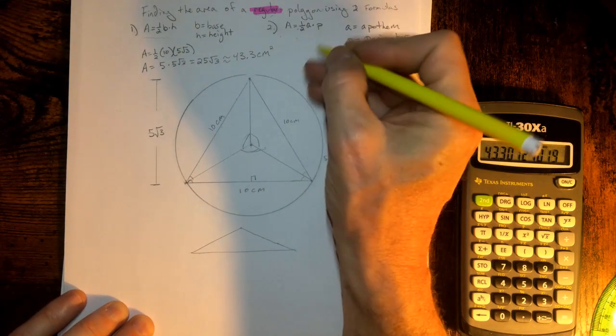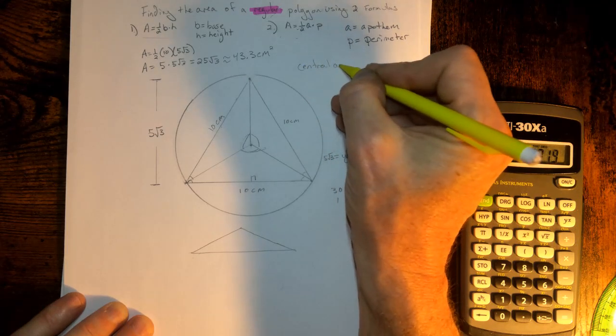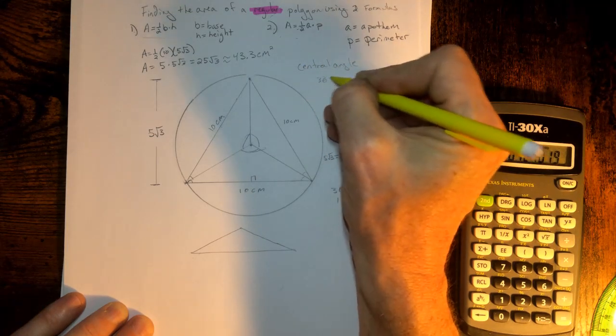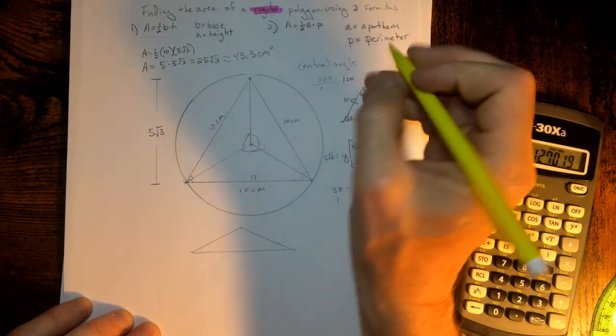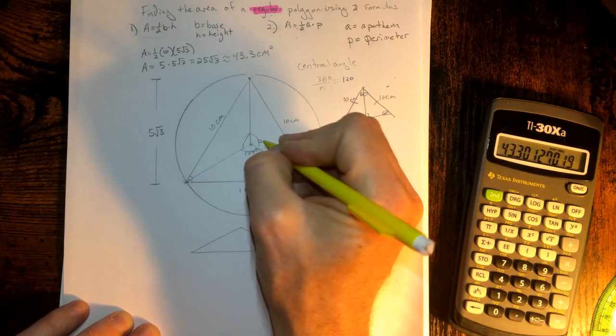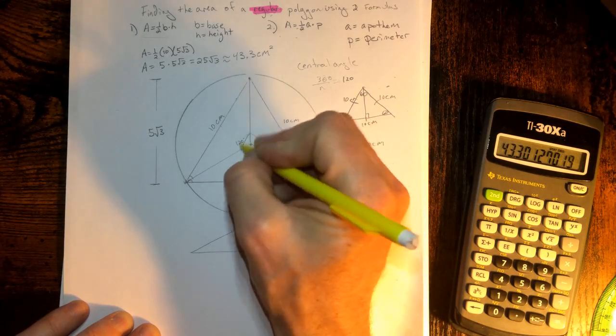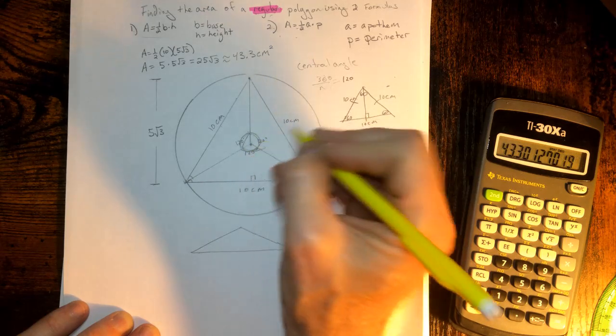We can find the central angle simply by saying 360 divided by the number of sides. There are 3 sides, so 120 degrees would be this angle. That's 120 degrees, this is 120 degrees, and this is 120 degrees, since a circle makes 360 degrees, and this is a makeshift circle, but it gets the idea.